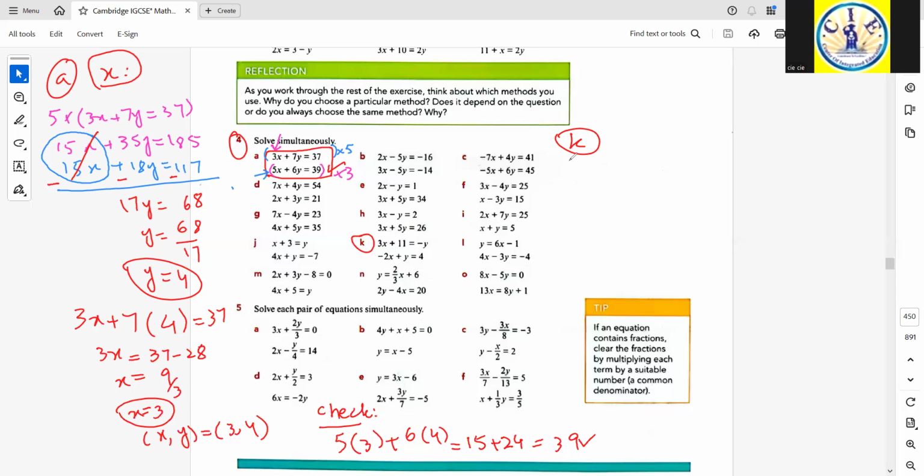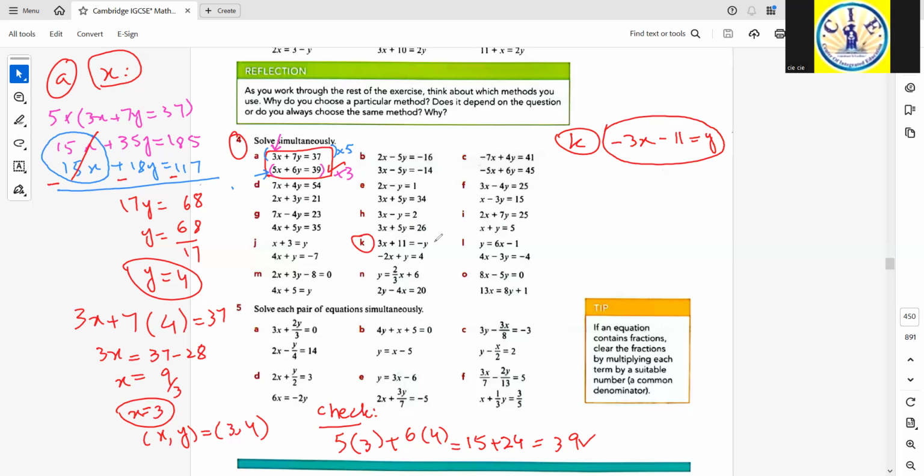We can use the substitution method as well in this part. So let me use that one. When I have the value of negative y, the value of positive y is going to be negative 3x, negative 11. That is the value of y.